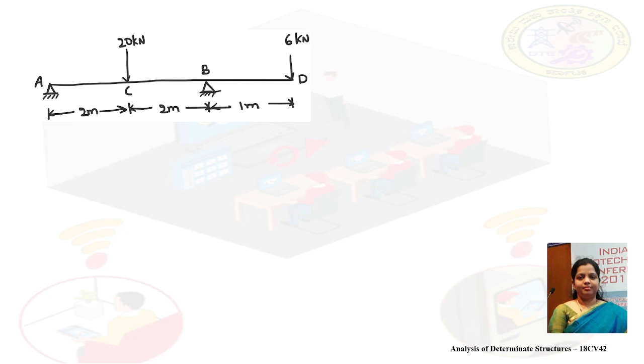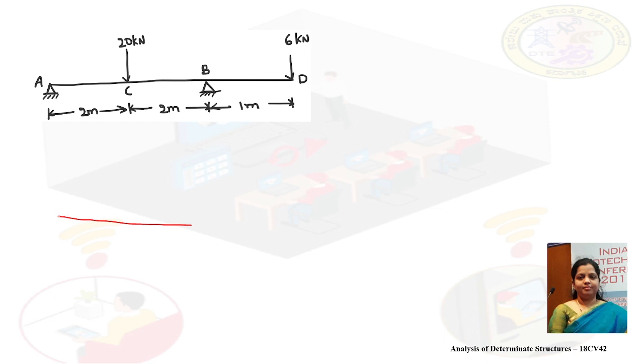So this is the overhanging beam. For this we need to draw the bending moment diagram. First let us consider the portion AB.